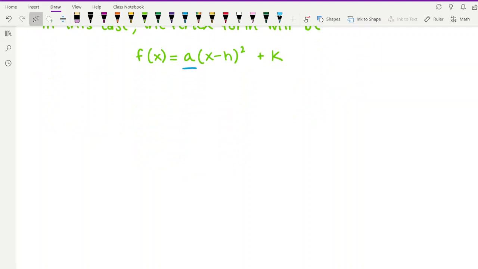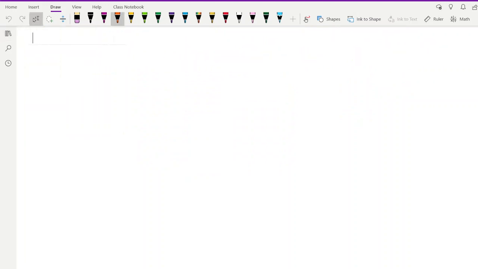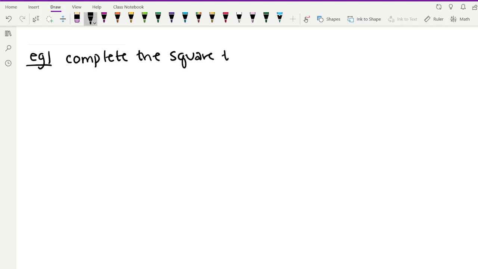Okay, so I want to jump right into an example. The first one we're going to do is complete the square to put the function f of x is equal to 2x squared minus 8x plus 1 into vertex form.